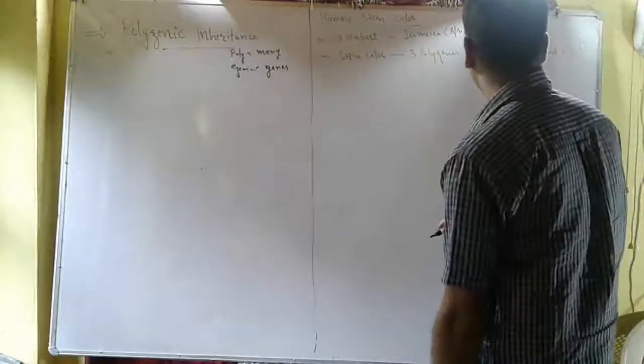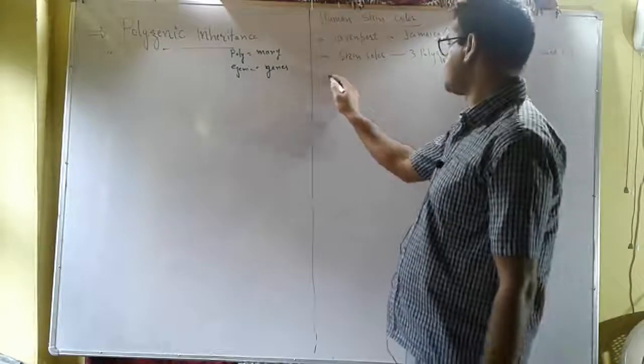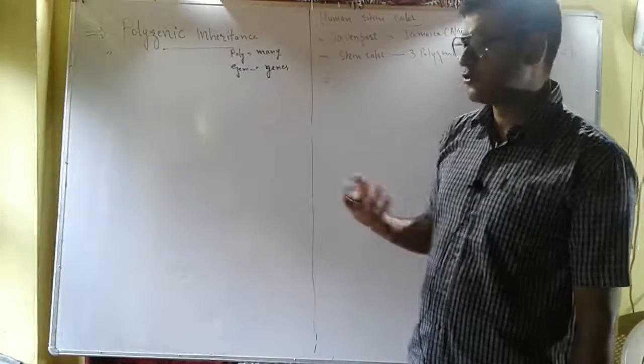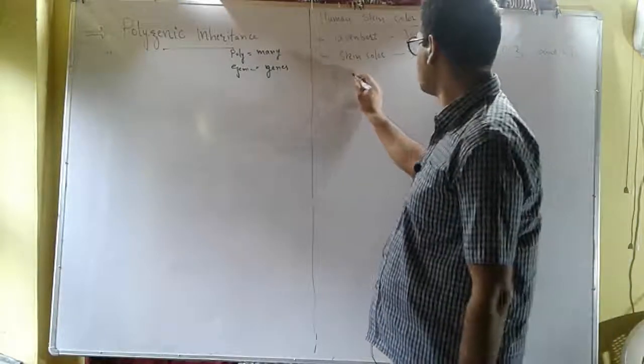That means skin color in humans is due to the pigment called melanin.